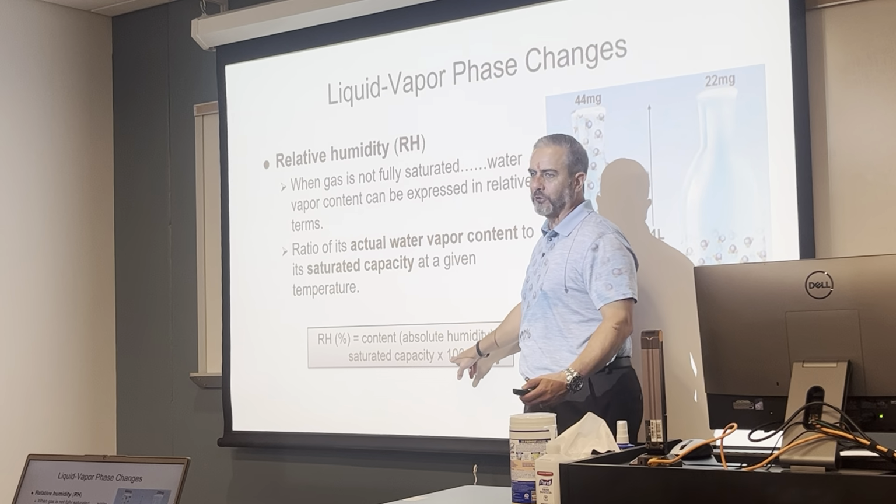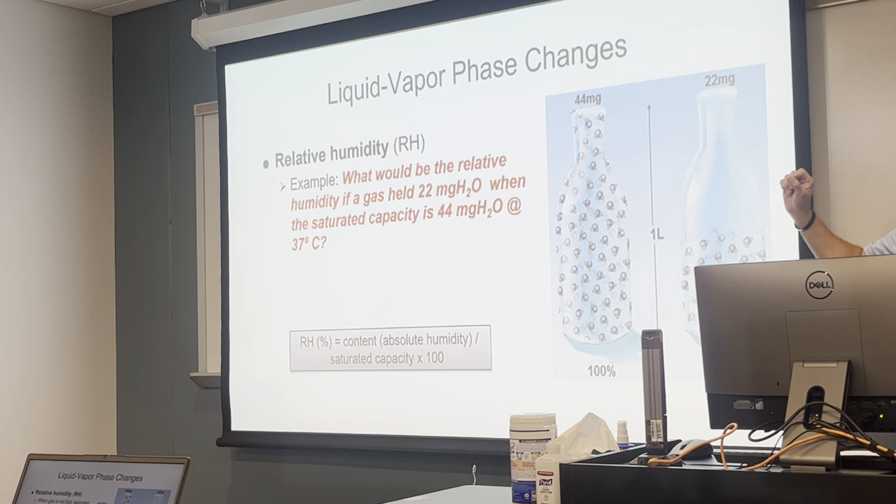Let me give you an example. What would be the relative humidity if a gas held 22 milligrams of water per liter when the saturated capacity is 44 milligrams of water per liter, again at normal body temperature?